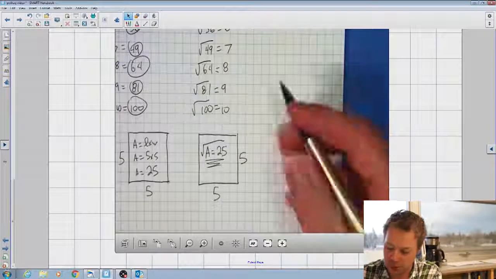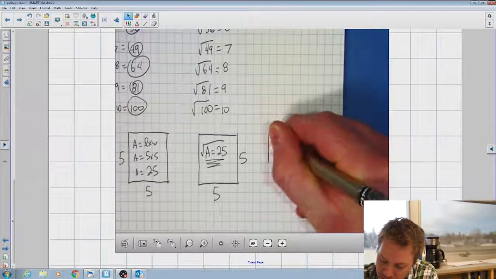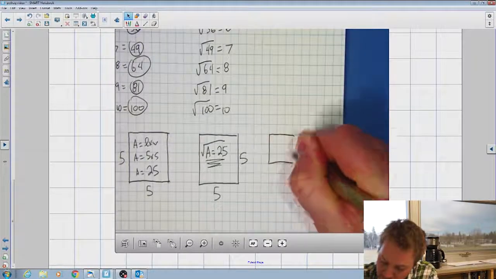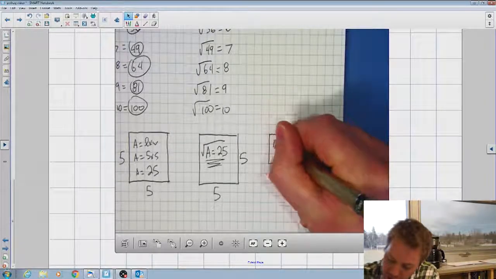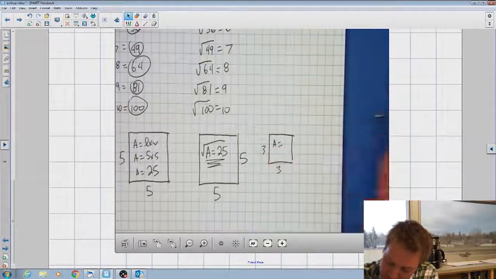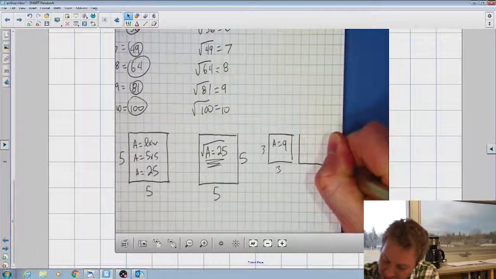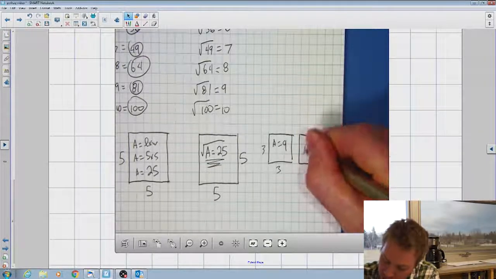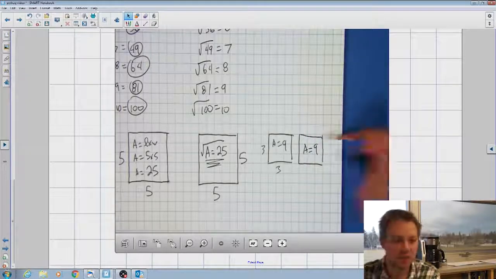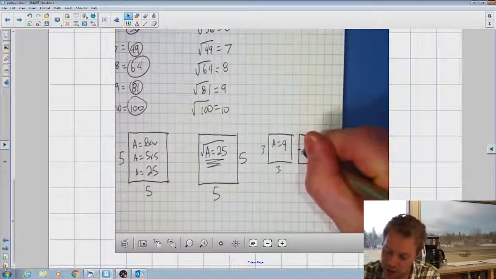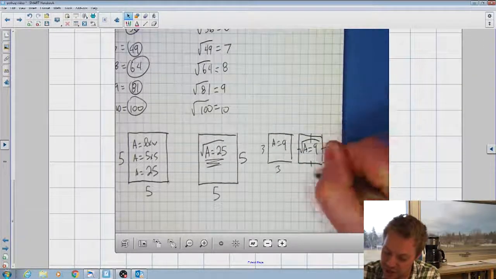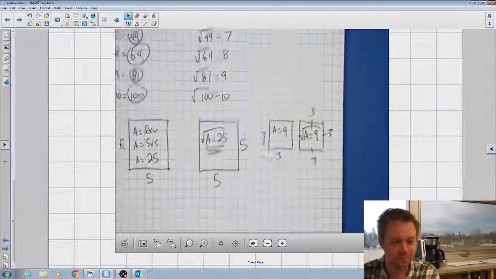So let's do another example here. What if I had another one that was 3 by 3? Well, I know that area equals 3 times 3. And I can also work backwards. If I've been given that same square with an area of 9, to find the side lengths of that square, I simply take the square root of 9, and I wind up with 3.